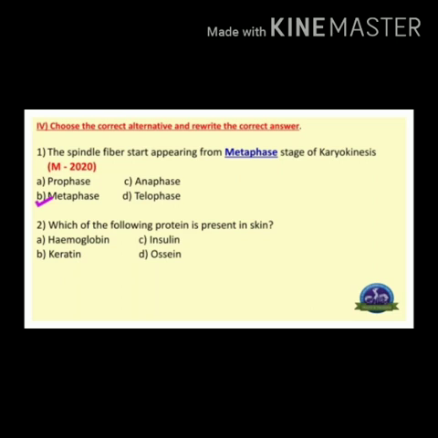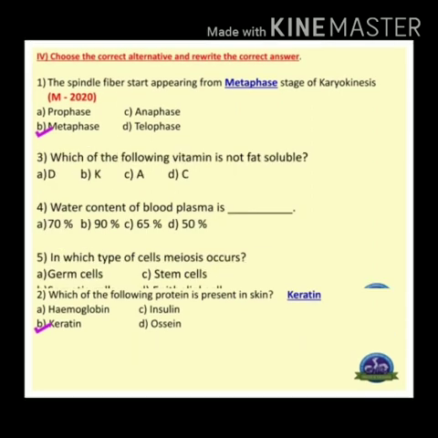Now read second question. Which of the following proteins is present in skin? Options are A, hemoglobin, B, keratin, C, insulin, D, ossein. As we have studied, keratin is present in skin. Therefore, answer is option B, keratin. Write down keratin.